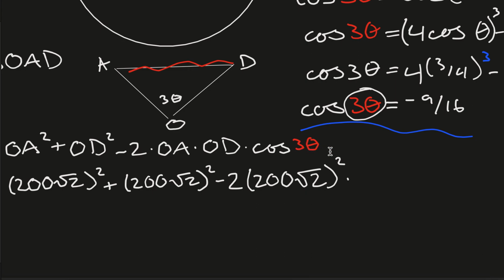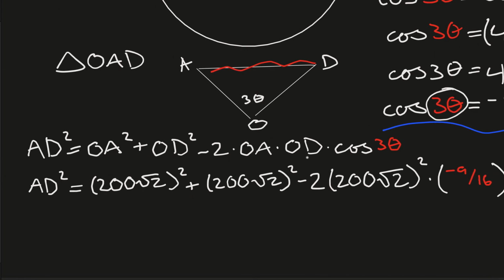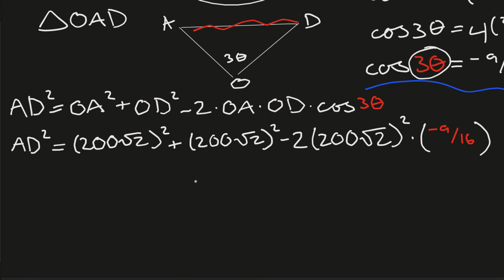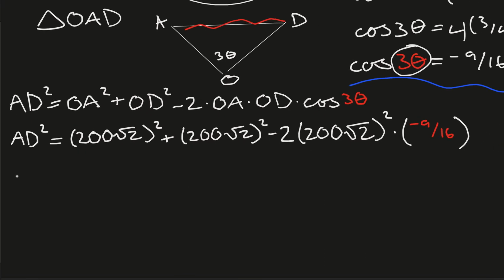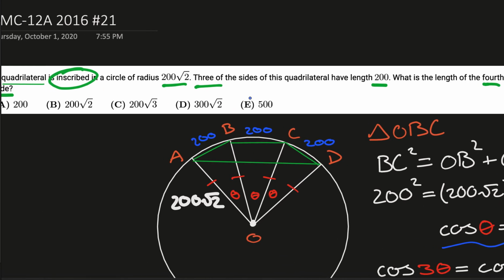And we know that cosine 3 theta is going to be negative 9/16. Wow, that's a lot of simplifying we have to do, and again, saving time. This is going to be equal to 250,000. Therefore, AD, our missing side, is equal to 500. So our answer would be E.